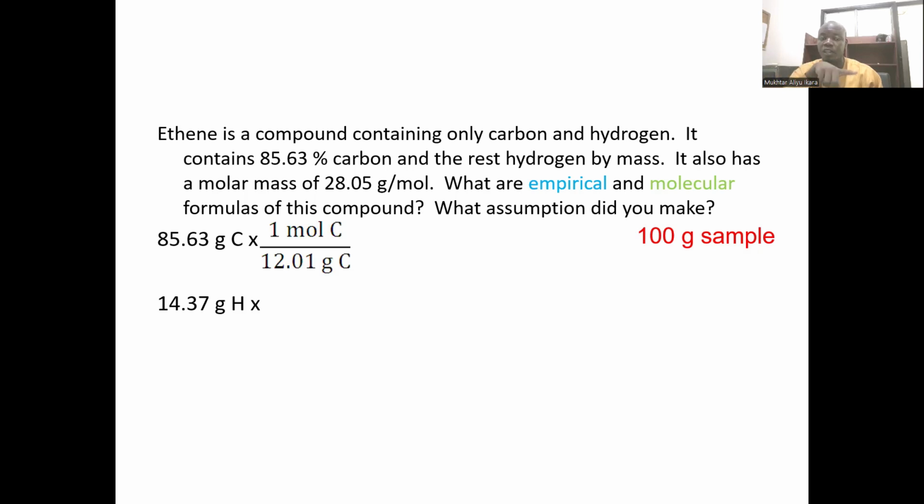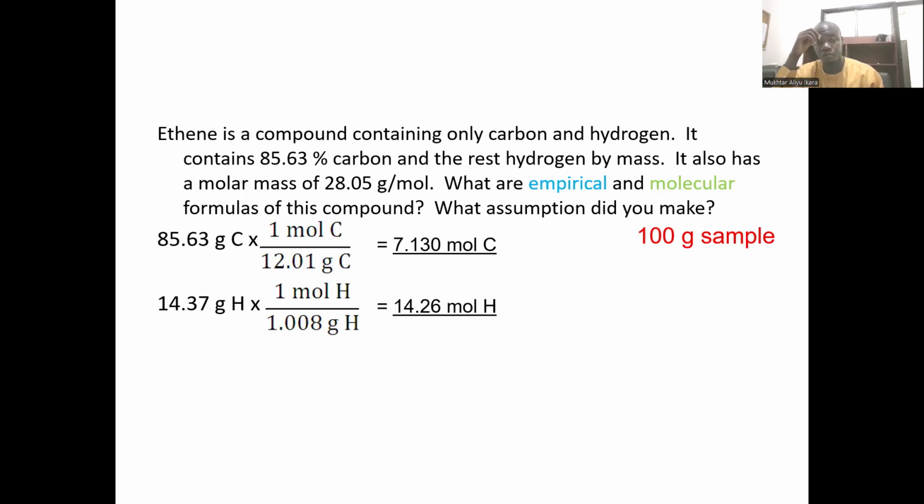So that is why we have 85.63 gram divided by 12.01. And for that of the hydrogen, the molar mass of hydrogen is 1, so we are going to use 14.37 gram divided by 1.00. And so at the end, we have 7.130 mole of carbon, and that of hydrogen is 14.26.